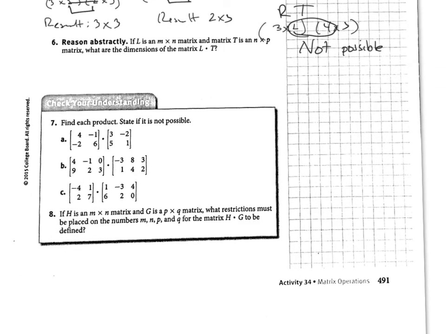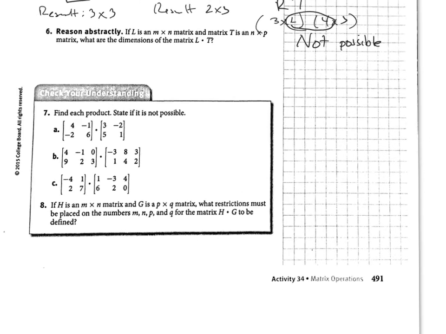So we're going to try another one. It says find each product, state if it's not possible. We're going to do this without the calculator. This is a nice small one. So just to see if you got it. And so remember we have to go across this one and down the second one.